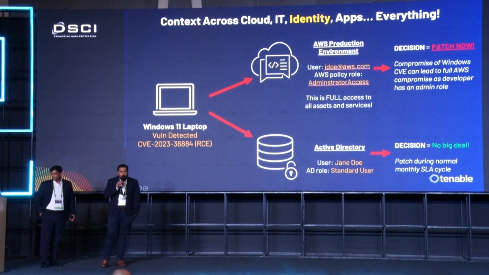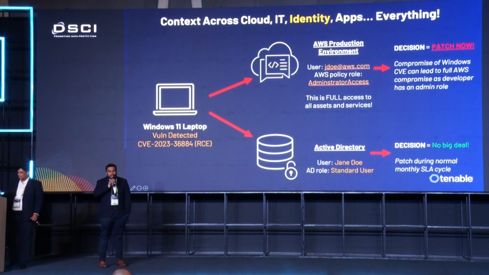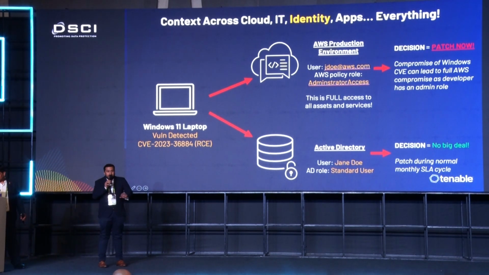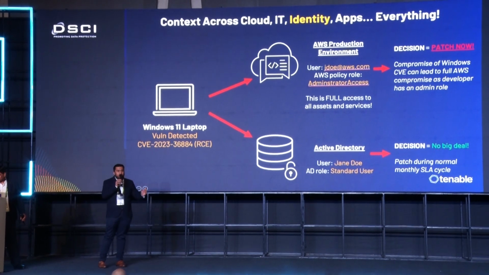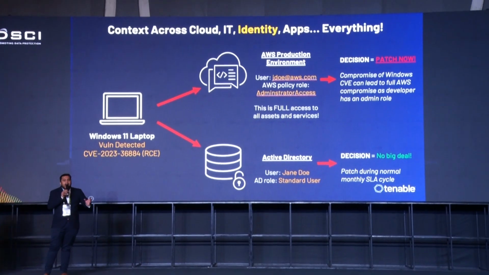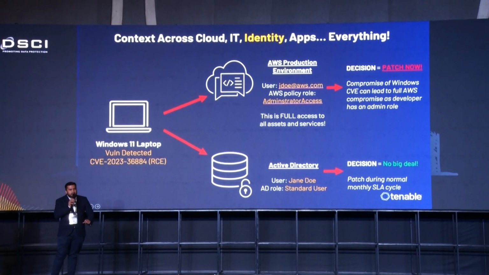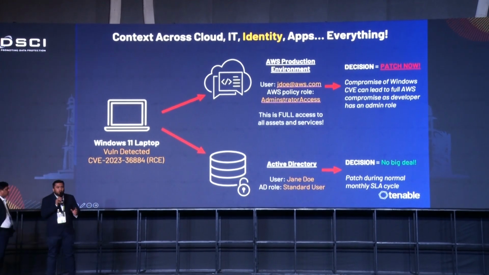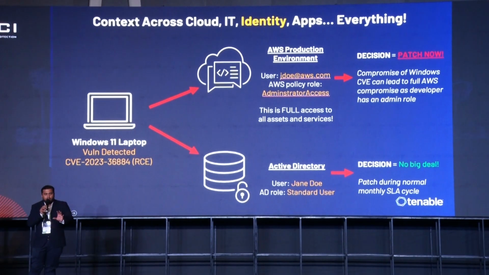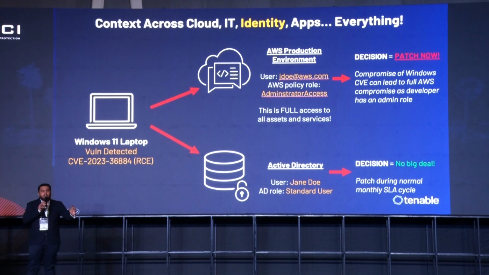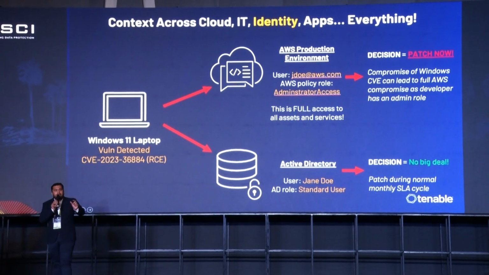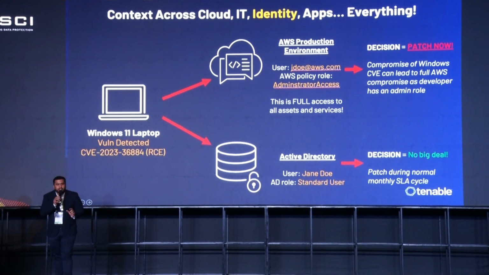Combining all these, we build a complete context and correlate that particular identity and the assets associated with it and analyze what weaknesses are present. With that, the tool will tell you these are the top most exploitable vulnerabilities which you need to patch or concentrate on.